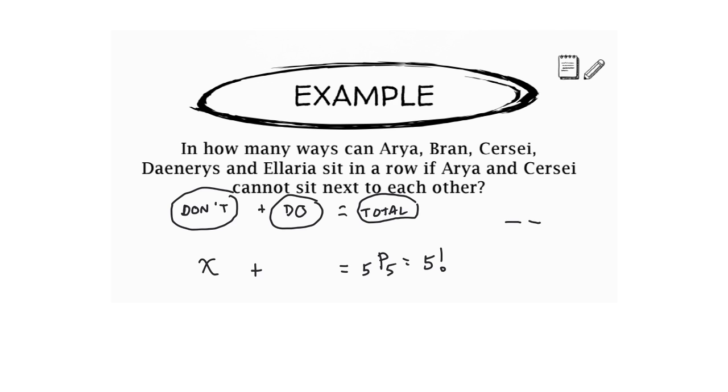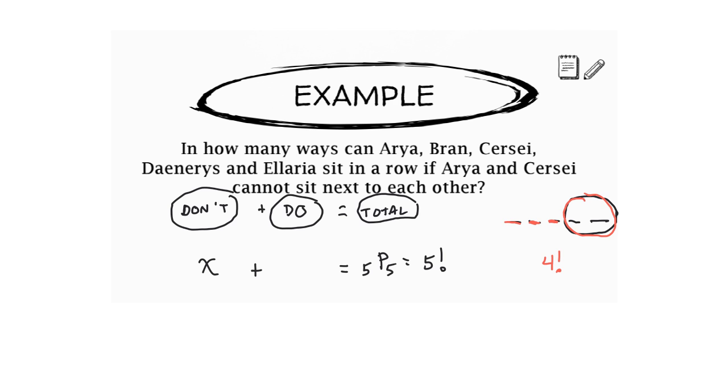Picture it like this. I have 5 people in a row. I'm going to put a bubble around 2 of them because they need to stay together. And so really I have 4 things that I'm arranging. Bran, Daenerys, Ilaria, and then this bubble that contains Arya and Cersei. So 4 things can be arranged in 4 factorial ways, right?